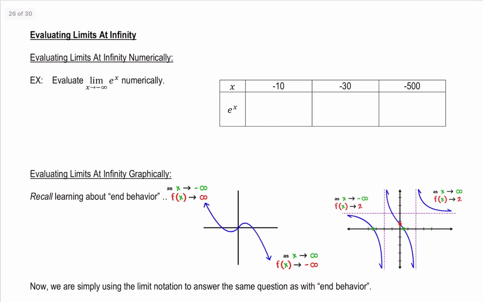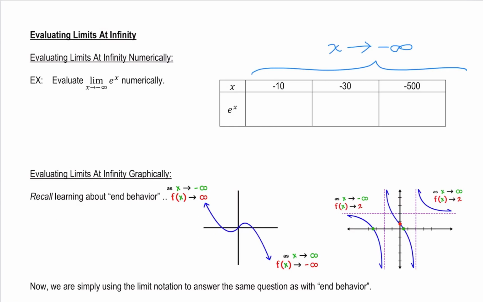So we're just going to plug in some values here. What I want us to observe is that these are x's. We're starting off by subbing in negative 10, then negative 30, and then negative 500. So these are values of x that are going to negative infinity.